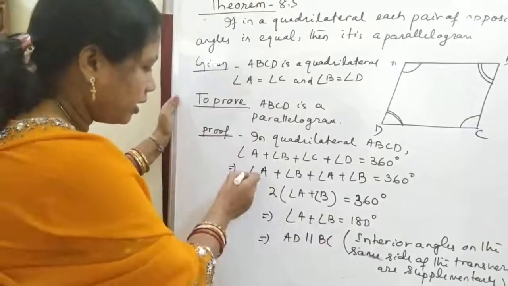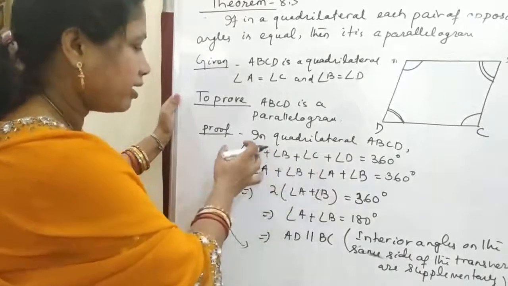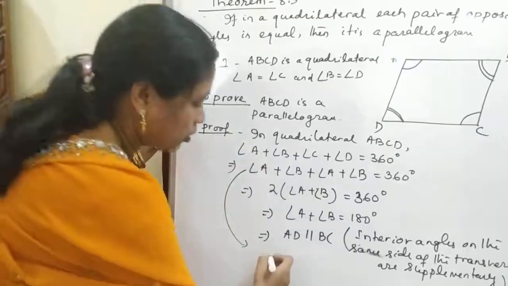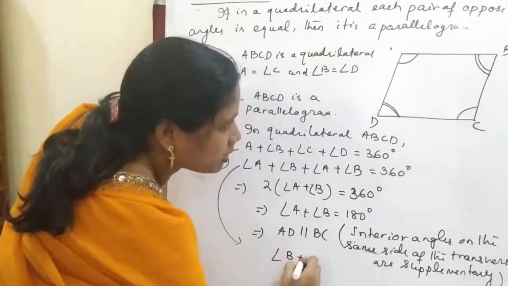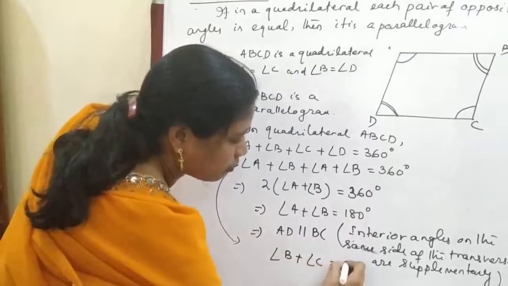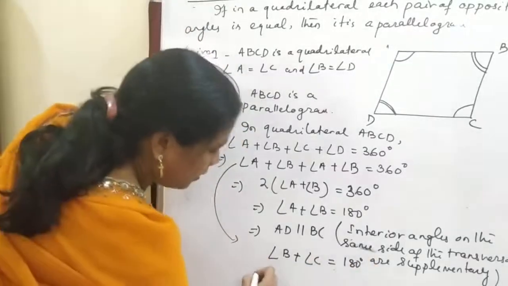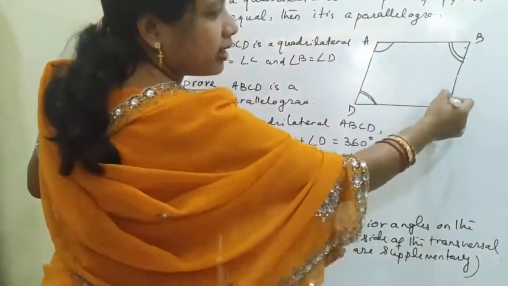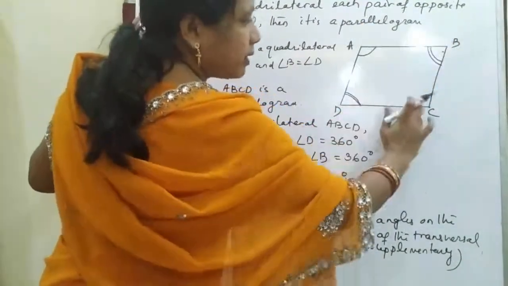Similarly, if in place of A you put C, we can prove that angle B plus angle C is equal to 180 degrees. Angle B and angle C are the interior angles on the same side of the transversal BC, and the two lines are AB and DC.